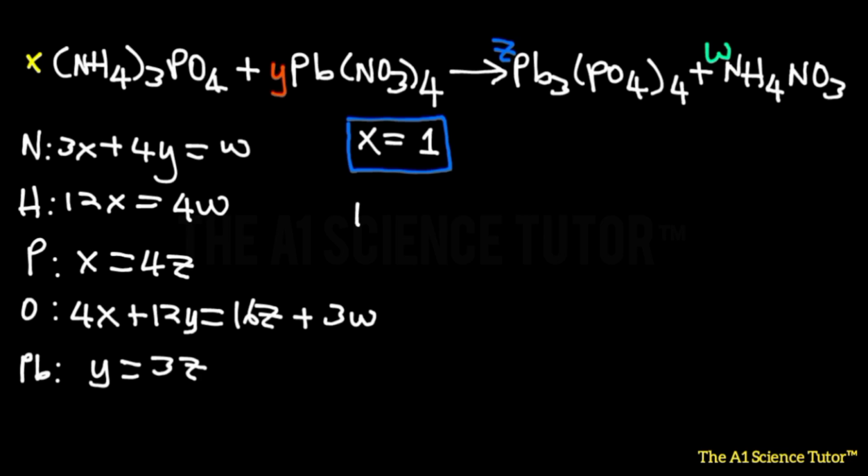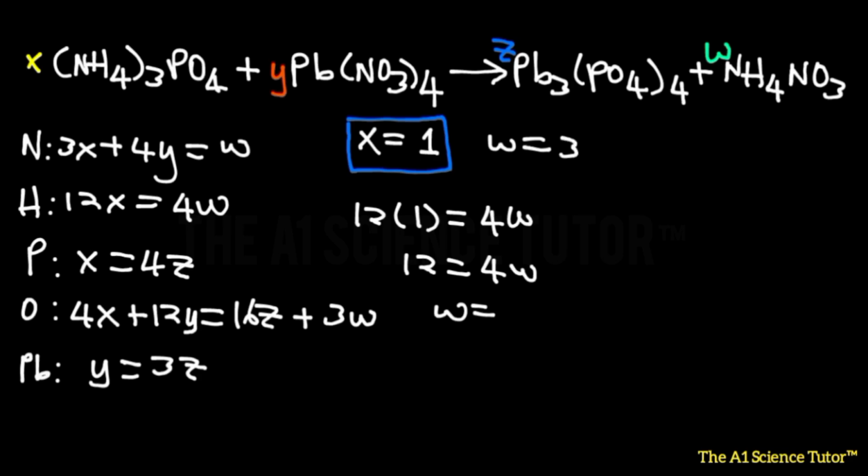So here we have 12, and that will basically be multiplied by 1. So this will be equal to 4. So this is 4w. I think I don't really need to write the bracket. So 12 is equal to 4w. And so w will be equal to 3. So we need to write that there.